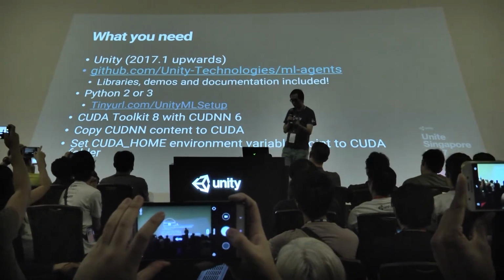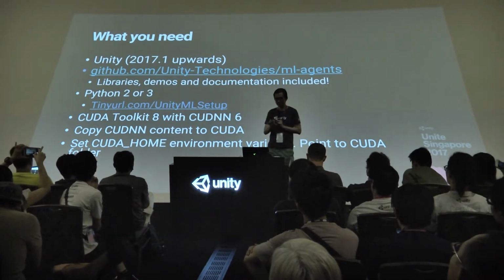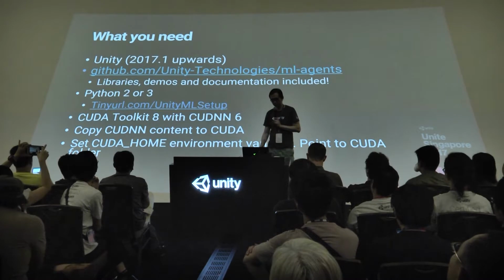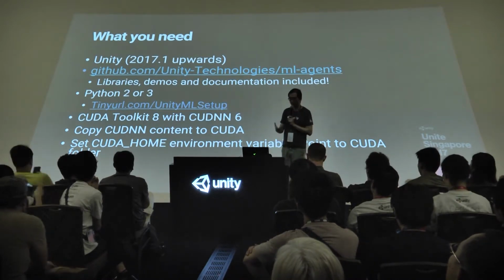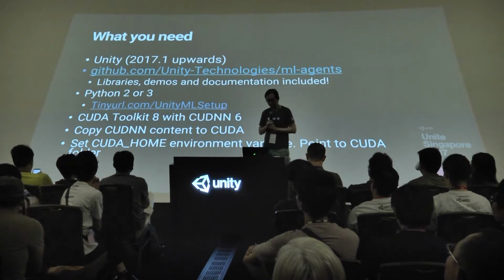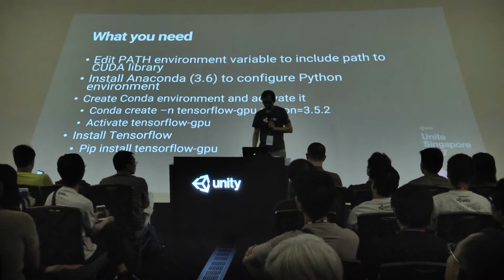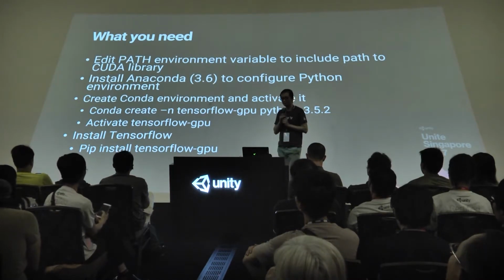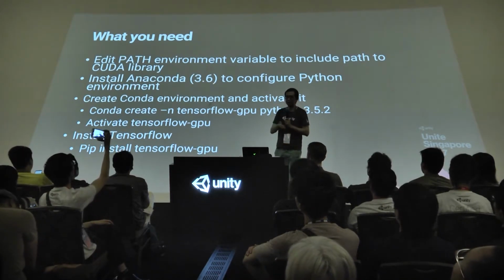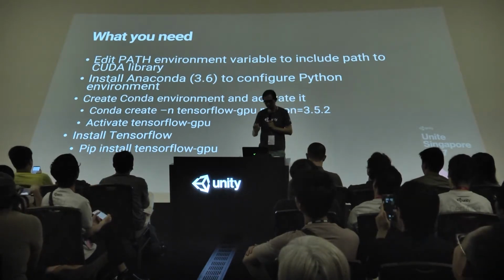Once you've installed CUDA Toolkit and CUDNN, you need to copy the content of CUDNN to the CUDA folder. Then you need to set up a CUDA home environment variable, pointing it to the CUDA folder. Then you have to edit the path environment variable to include the path to the CUDA library. There are 2 libraries there, and you have to include 2 of the paths there.